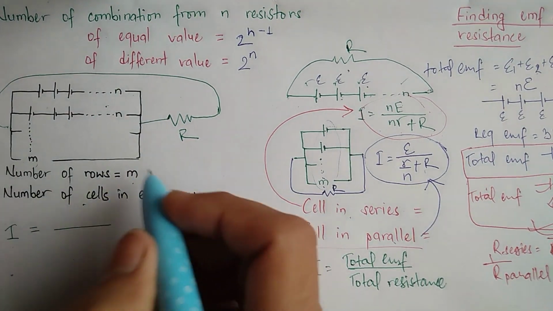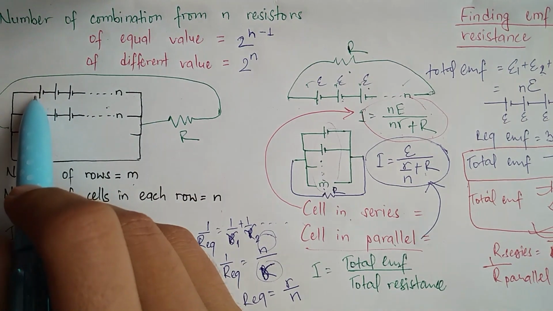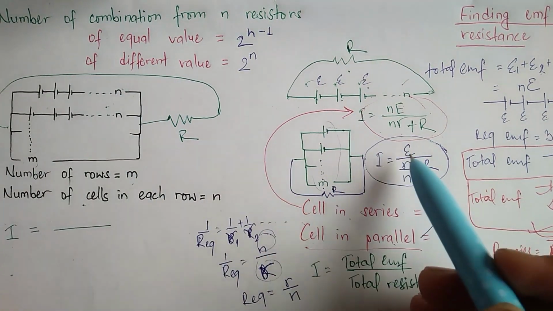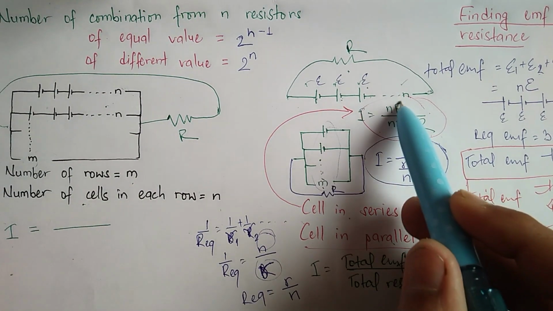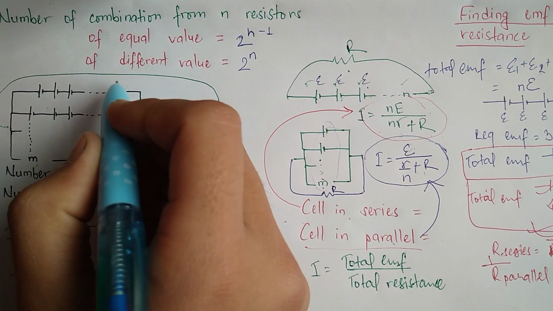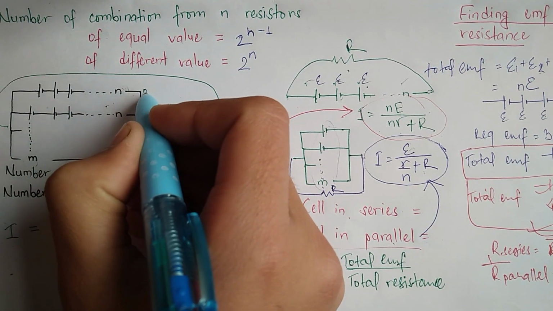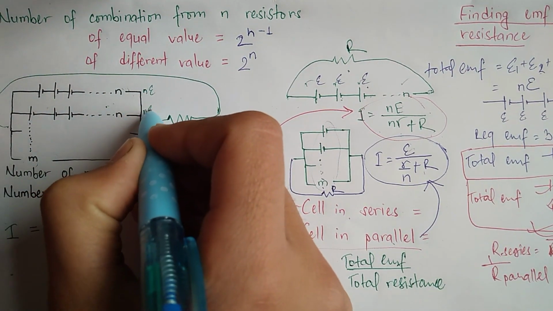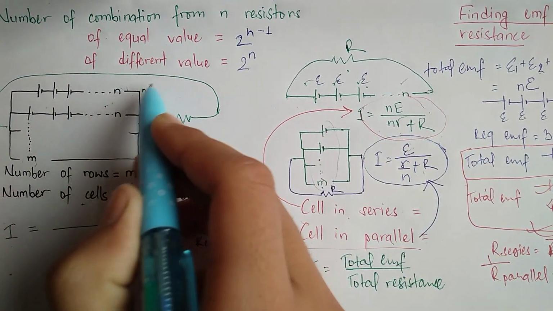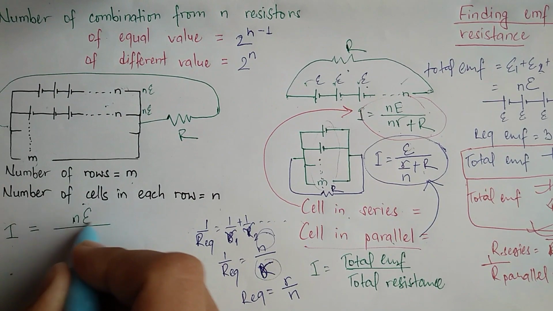Well, first we have to find the EMF. EMF is E times N. The EMF will be the same in parallel, but it will be added in series. So from this it will be nE, from this also nE, from this all it will be nE, but there it won't be added and it will be the same, so the EMF will be nE.